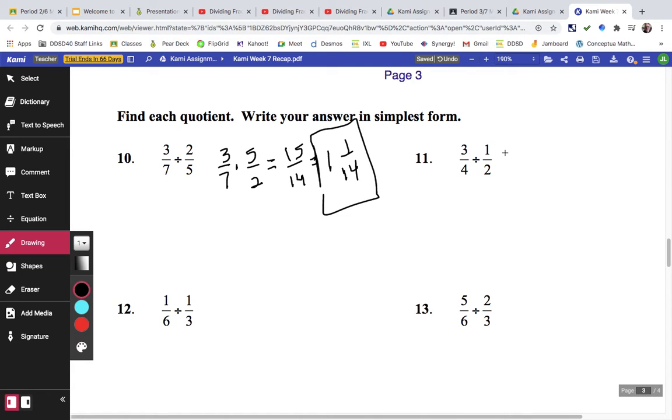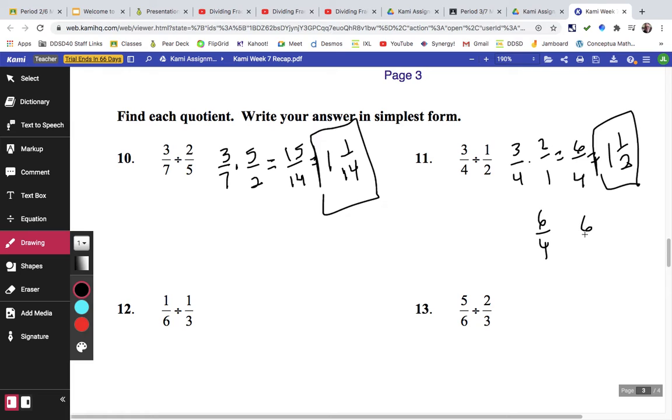Here's number 11. This is 3/4 times 2/1. That's 6/4, or 1 1/2. 6/4 is 6 divided by 4, goes in once, 2 left over, 1 2/4 simplifies to 1 1/2. And this is equal to 1/6. Notice that 1/6 stays the same.